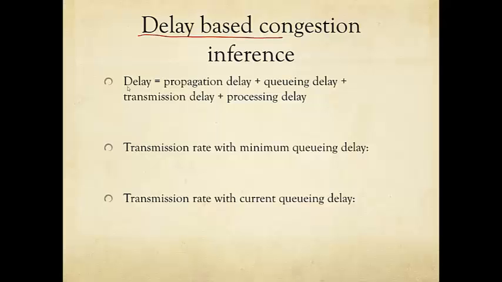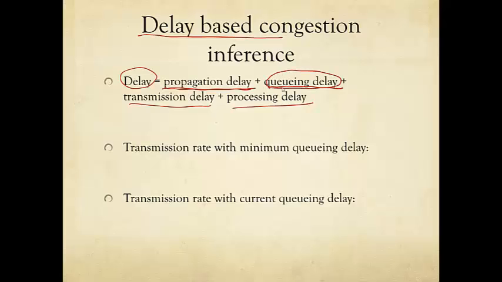Now, first, we have to decompose the overall end-to-end delay into 4 components. Okay, a propagation delay, queuing delay, transmission delay, and processing delay. Now, propagation delay is due to the fact that you have to traverse a physical distance and you can't be faster than the speed of light.